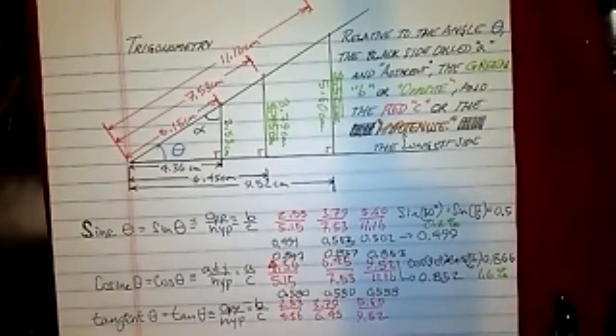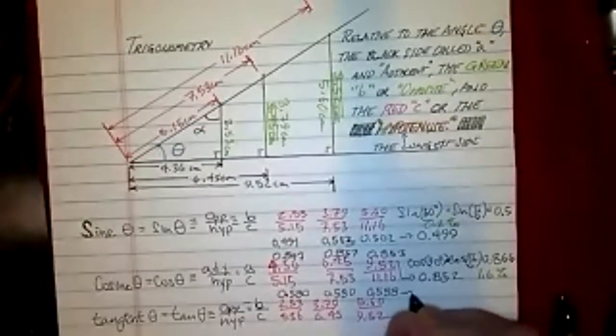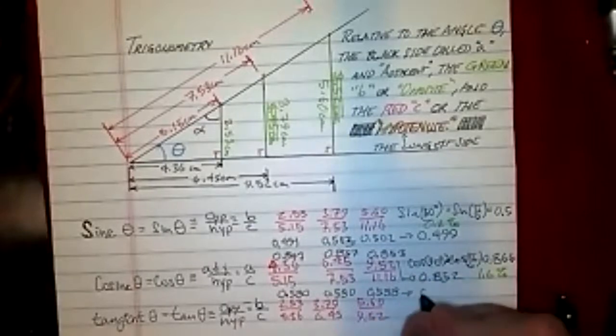You can see they're really close to each other, which is important. That's the fundamental idea behind that, that no matter how big the triangle is, the ratio of the sides should always be roughly the same. And we're getting pretty close to that. This is kind of a way off from those two, but it's still, like I said, I'm using crappy rulers and stuff like that. Well, that gives me an average of 0.583.